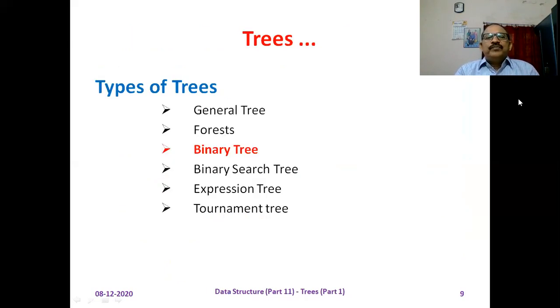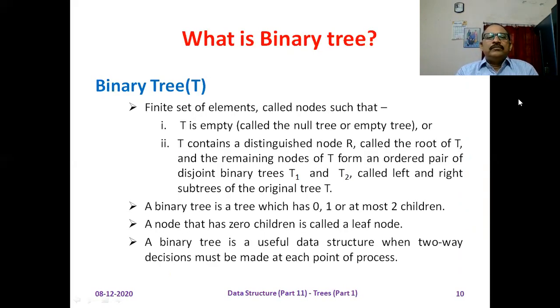Types of tree: general tree, forest tree, binary search tree, expression tree, and tournament tree. Here in this video, we will talk about what a binary tree is. So let us start. What is a binary tree?